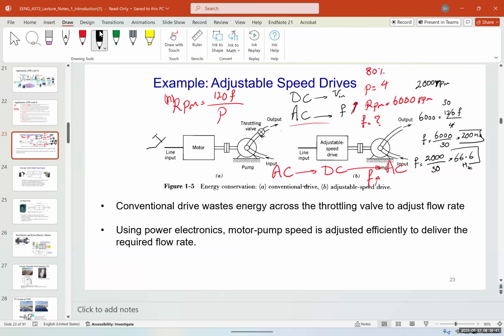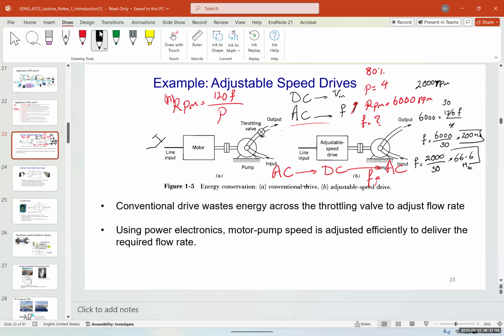AC motors are very simple, easy to produce, and usually the lifespan is higher because it doesn't require maintenance, since it doesn't have commutators. It's much easier to maintain and produce.